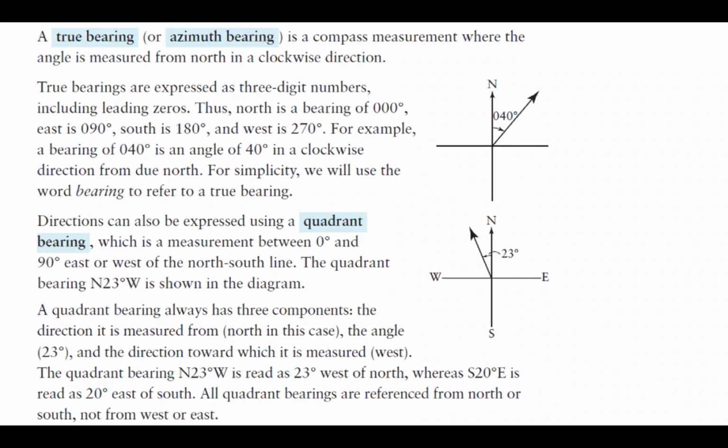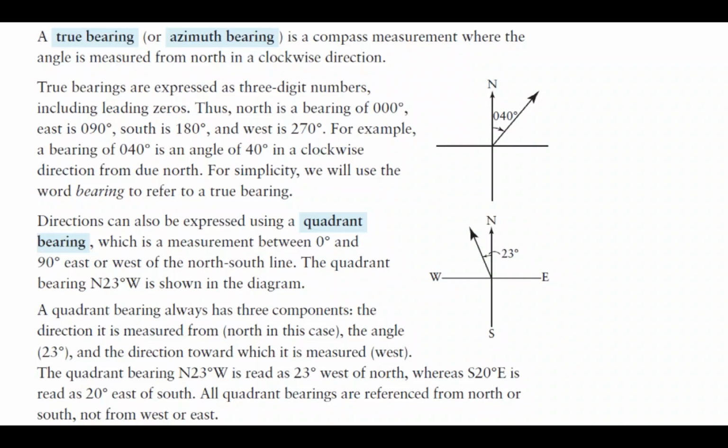And south is 180 degrees. And west is 270 degrees. For example, a bearing of 040 degrees is an angle of 40 degrees in a clockwise direction from due north. For simplicity, we'll use the word bearing to refer to a true bearing. Okay, so when you see the word bearing, by default, that means a true bearing.